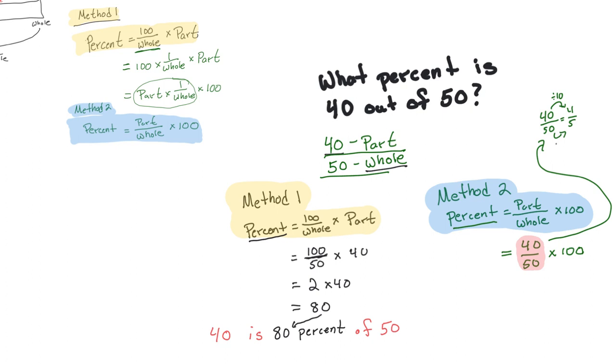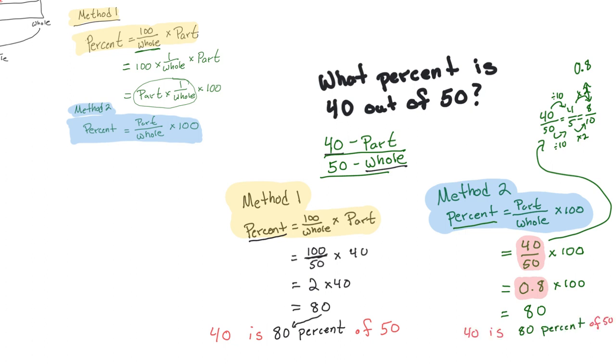And if I want to get it into a decimal, it's helpful to get it into tenths, hundredths, or thousandths. So I can get 5 into tenths by scaling that fraction up by 2, and I would get 8 tenths. And 8 tenths as a decimal looks like 0.8. So now I'm going to fill that back into my equation, and I would get 8 tenths times 100. I'll get 80. So same as the other method. 40 is 80% of 50.